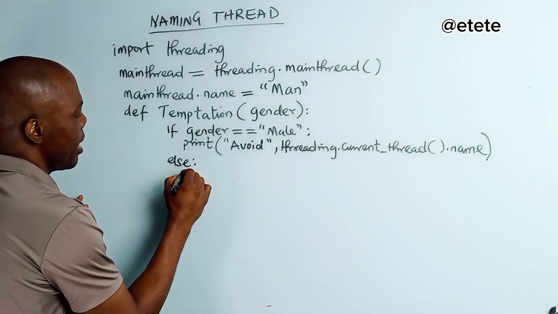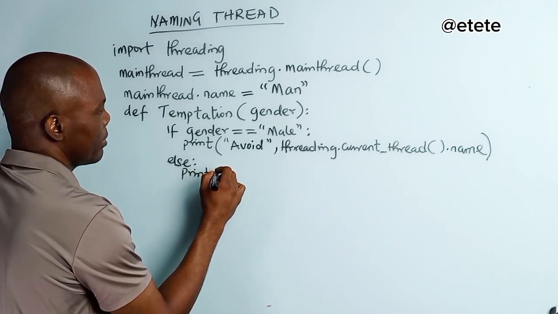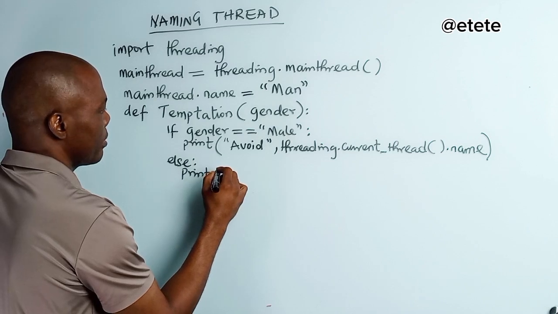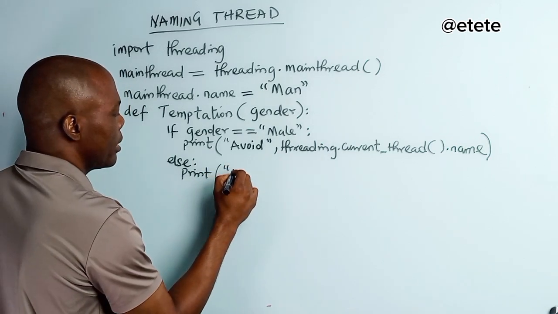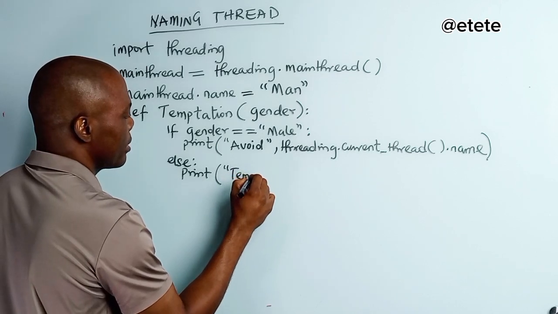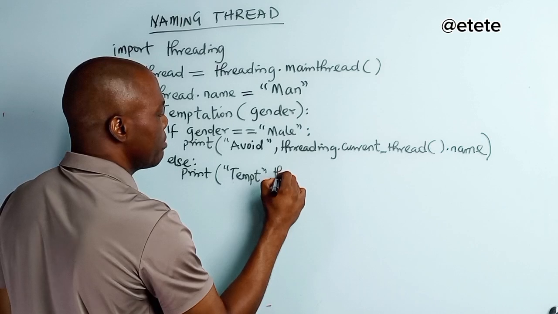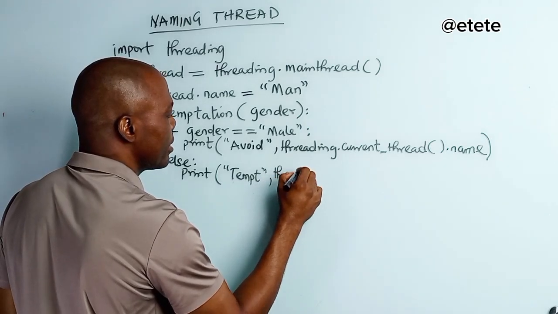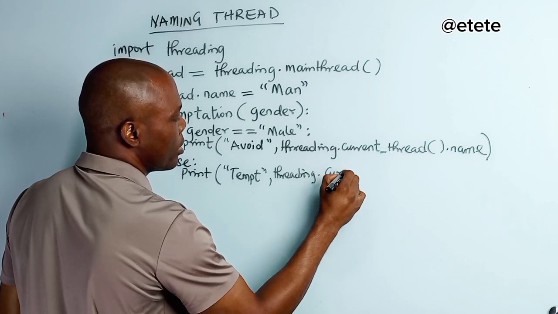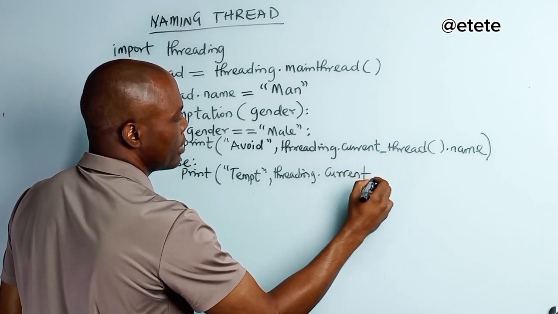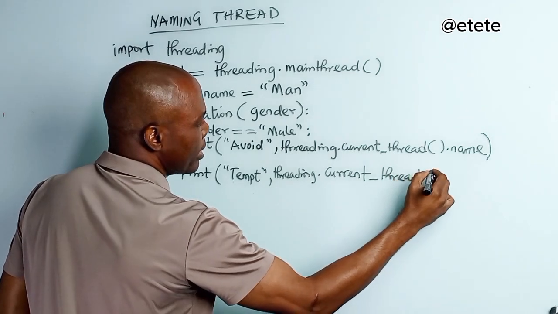Else come in and print temp, right? Temp, comma, then same thing here, threading.current_thread().name, right?